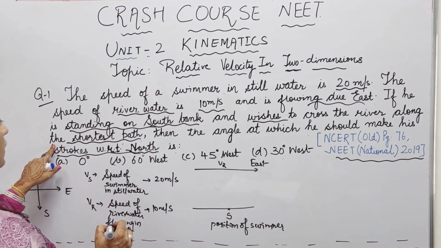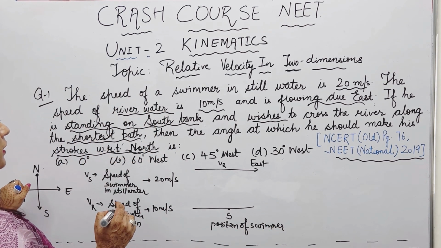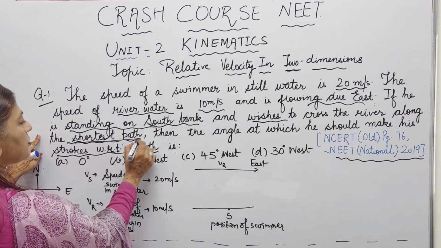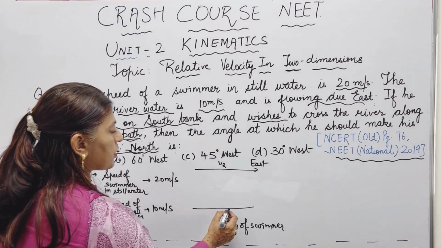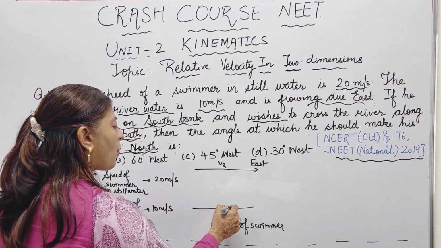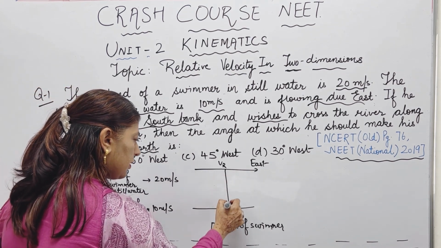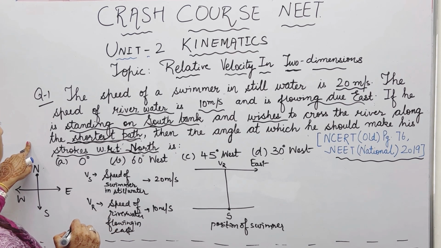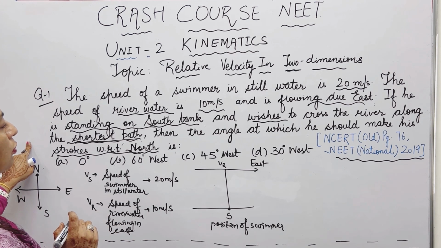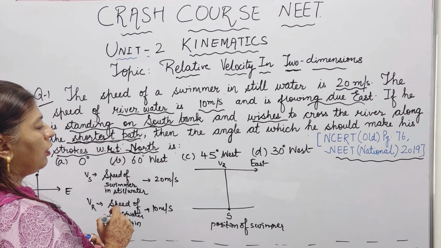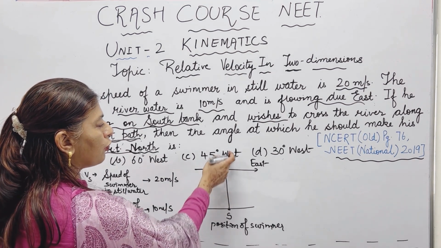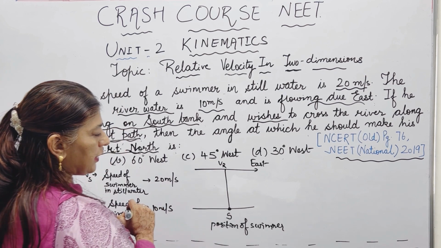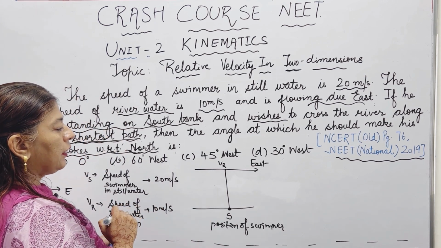Now, if he wishes to cross the river along the shortest path, at this position, if he is standing, the shortest path is this one. Then the angle at which he should make his strokes with respect to the north is. So this is the north direction, and at south he is standing over here.